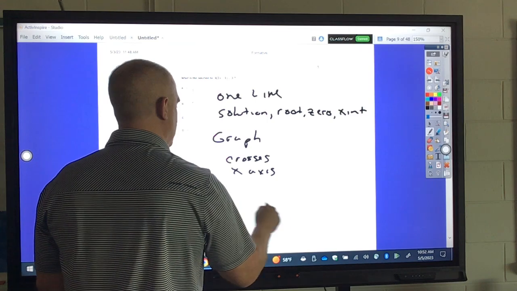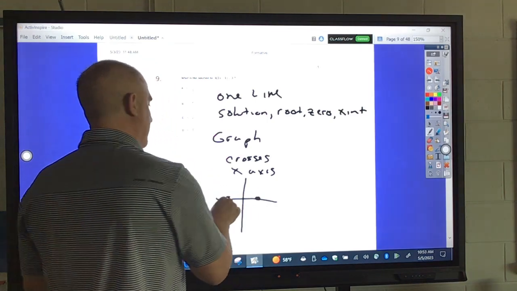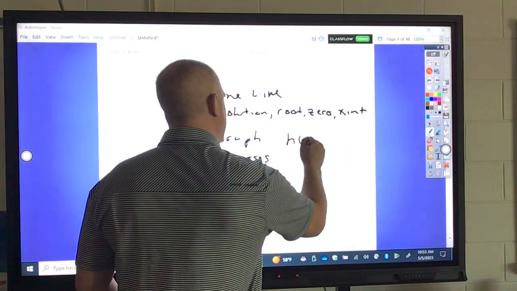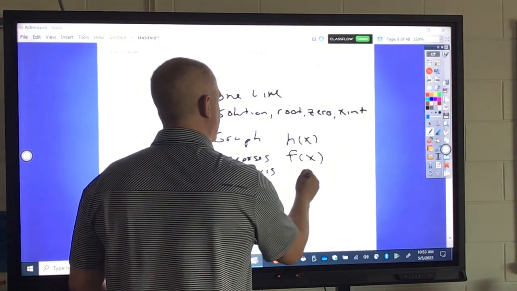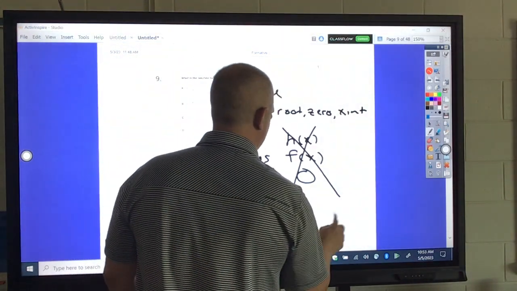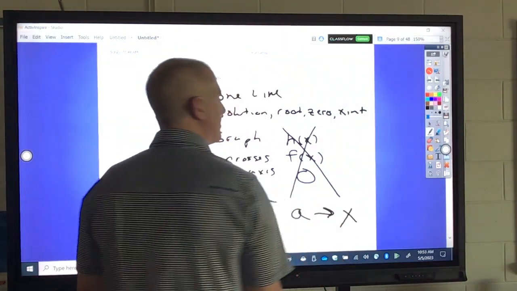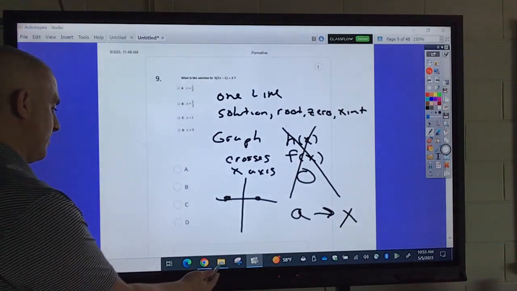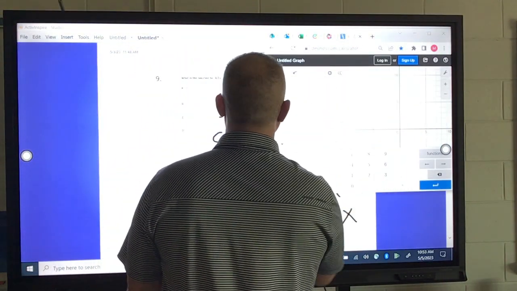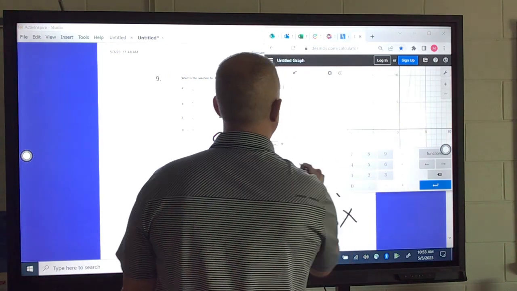As a reminder, that's like at these spots. Now, if they have an h of x, or an f of x, or a 0, you don't have to type that in. Also, if they use a letter like a, turn that into an x. Makes it easier.